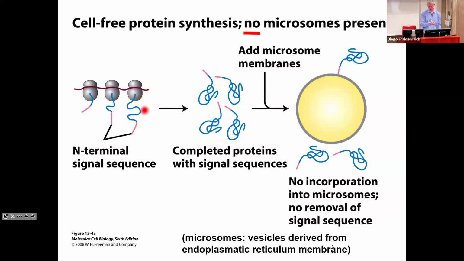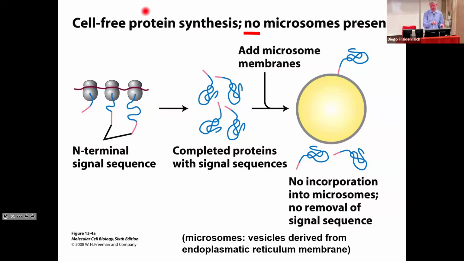In the first experiment, first slide, you would use this so-called in vitro translation kit. In contrast to in vivo, which means when you look at something directly in the cell or in the animal, for example.